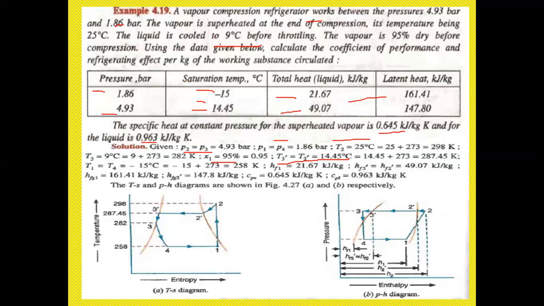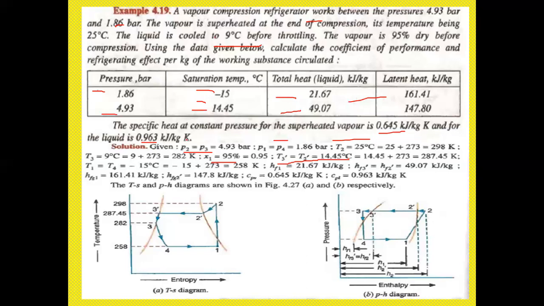Now T1 is equal to T4, that is minus 15 degrees centigrade, HF1 is 21.67, and HF3 dash equal to HF2 dash is 49.07. Now HFG1 is 161.41, HFG2 is 147.8, and Cp is 0.645 kilojoules per kg Kelvin, right? So this is the given information for this vapor compression refrigeration cycle.